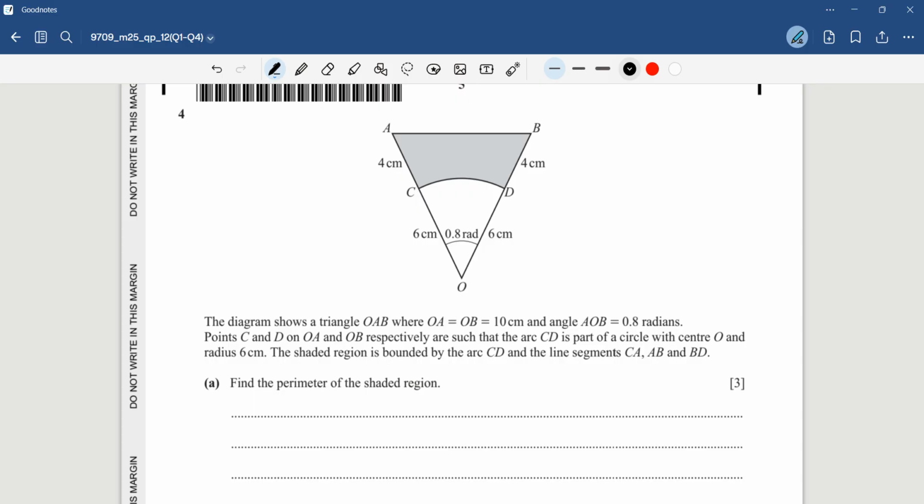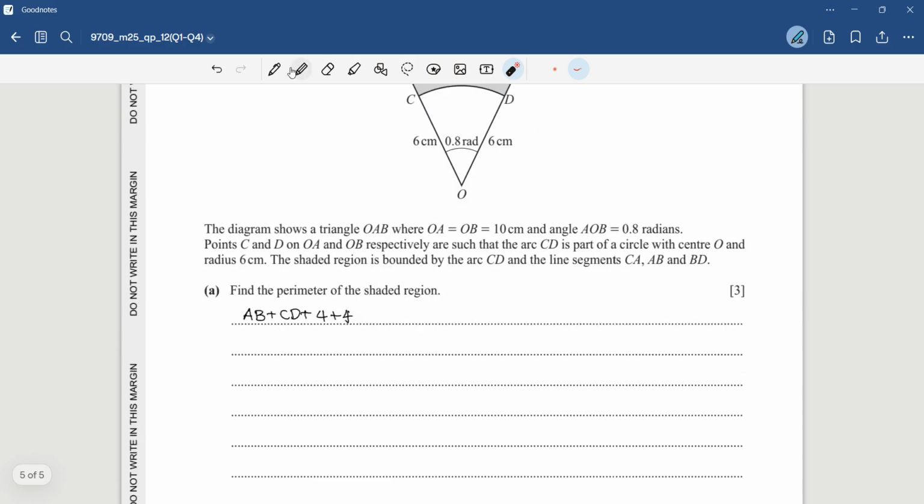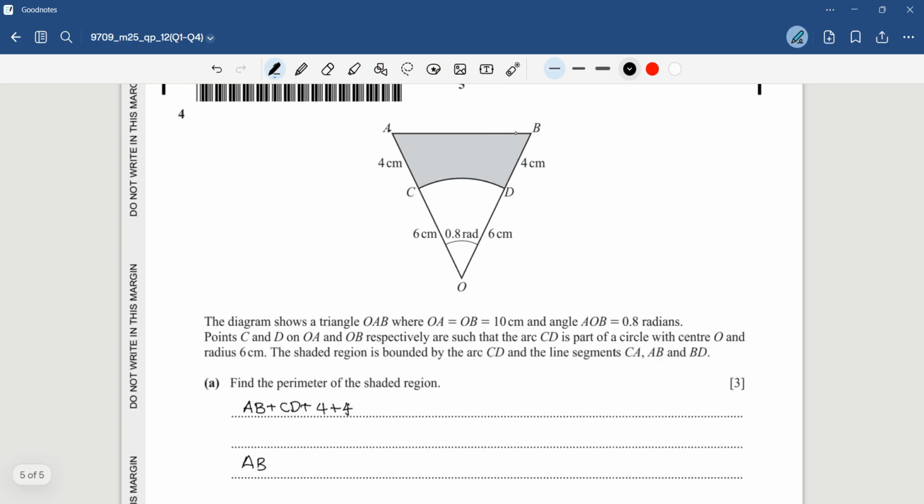In order to find the perimeter of the shaded region, it's going to be AB plus CD plus 4 plus 4. So you just add up these things. This is the perimeter. Okay, so first we attempt to find AB. For AB, you can use the cosine rule.